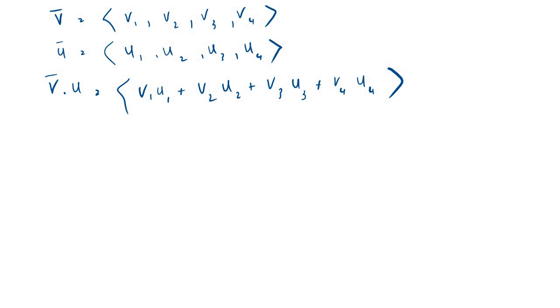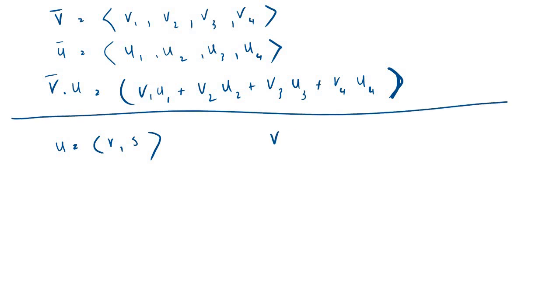Sorry, this shouldn't be pointy brackets. It should be normal, circular brackets because it's a scalar value. So going back to our previous definition of U equals (R, S), and V equals (P, Q), let's look at the dot product first.